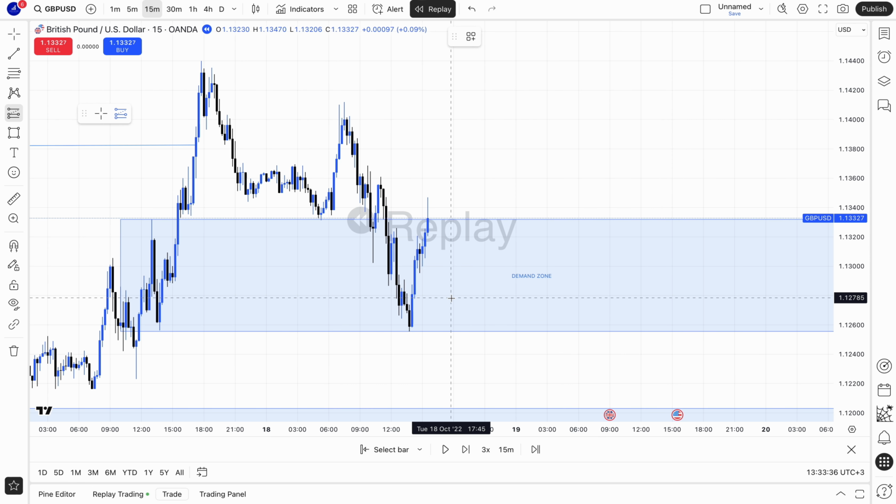We missed that trade. Just few pips because my entry was just here on this 15 fair value gap mark. No, it's invalid. It's invalid because now it's on the next day.